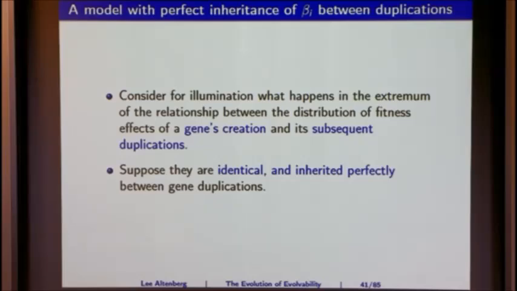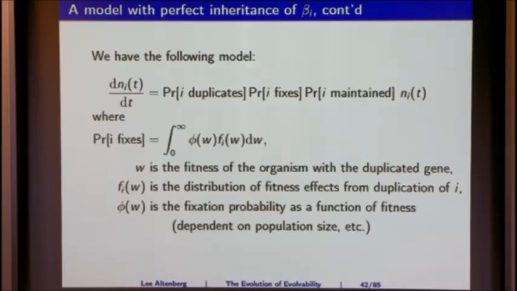So here's a model. We suppose that the change in gene number per unit time is equal to the probability that it duplicates, that it fixes in the population, and that it is maintained by selection, times the number of genes at a given time.